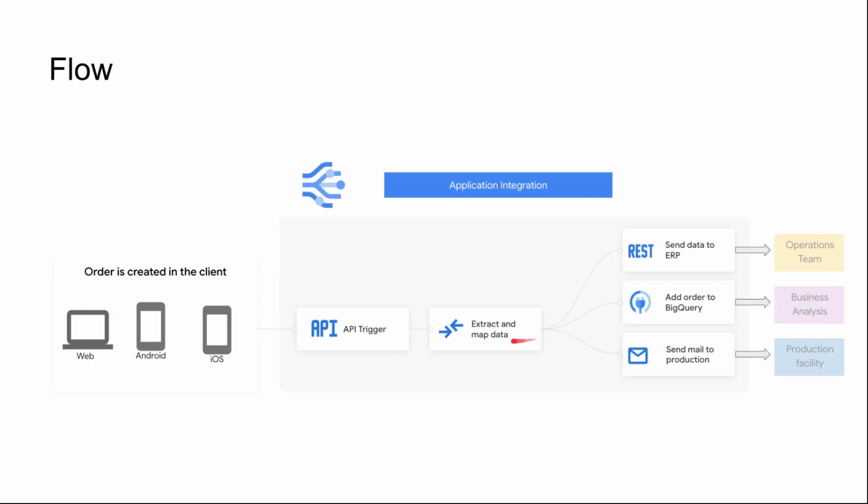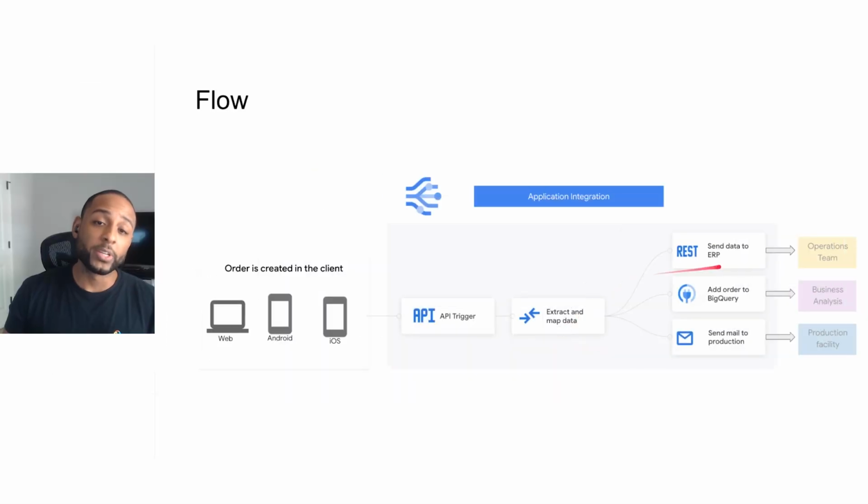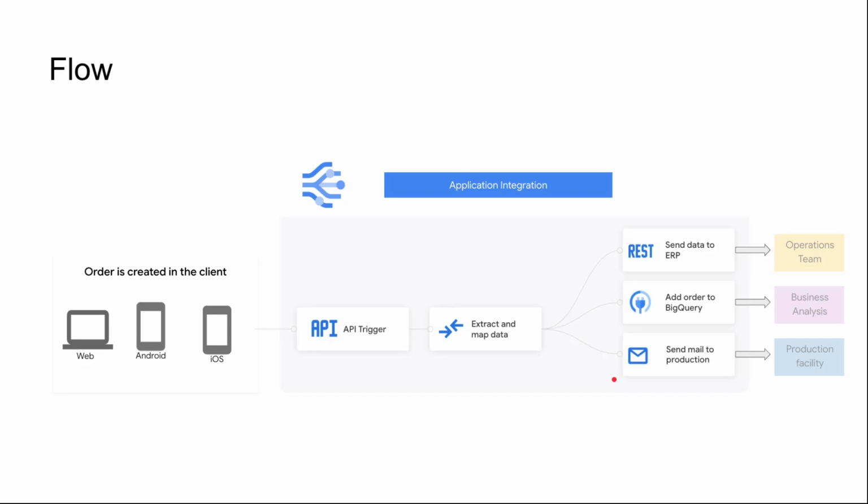As that information is flowing through, the orders are sent to an ERP system automatically. We're also adding that order information into BigQuery, which is our data warehouse, as well as sending an email to the production or warehouse facility to start processing those orders immediately. In this aspect, we're essentially automating this process. Let's showcase how we can do this really quickly with the help of Gemini.